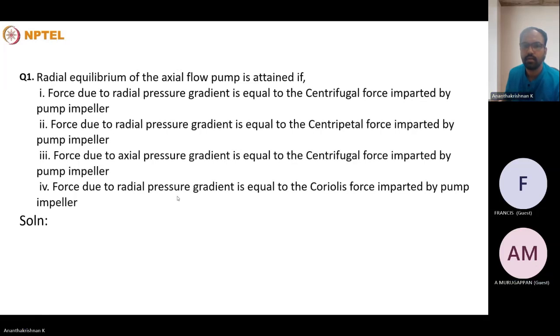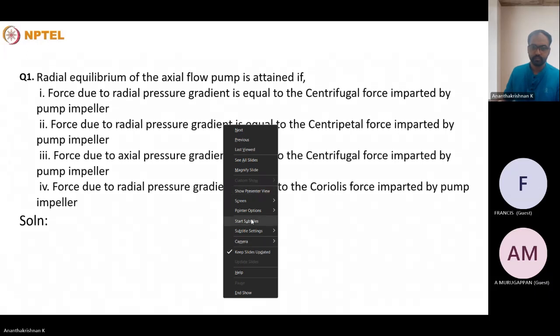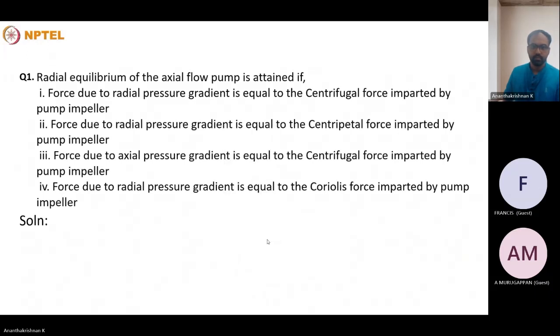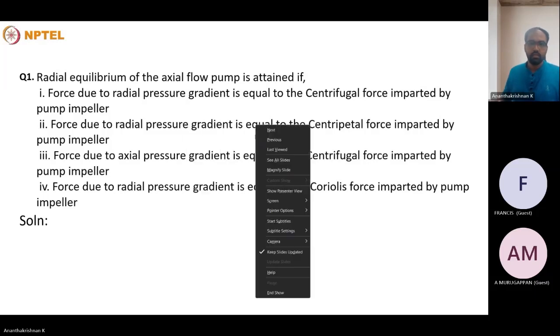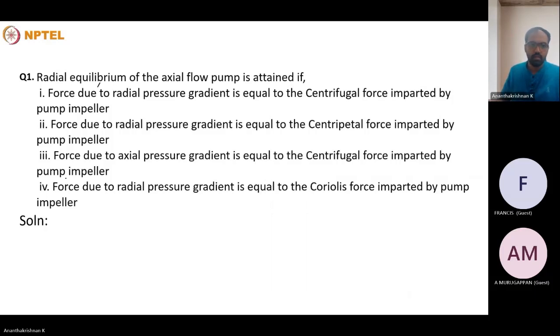Yes, right. Yes, the right option is option 1.